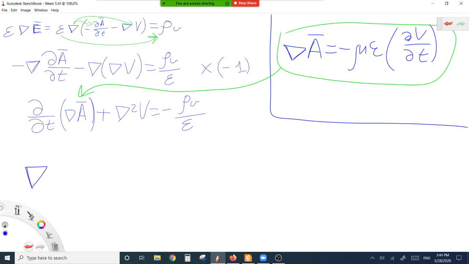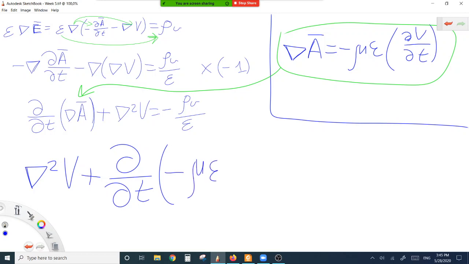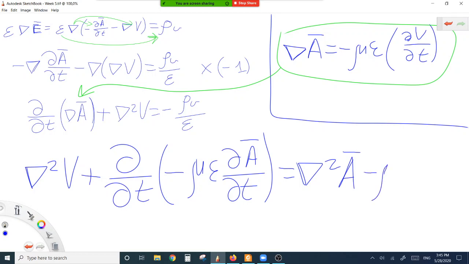We get the Laplacian of V plus, we have here d dt multiplied now by minus mu epsilon dA over dt, which is equal to the Laplacian of V minus mu epsilon d squared V over dt squared.